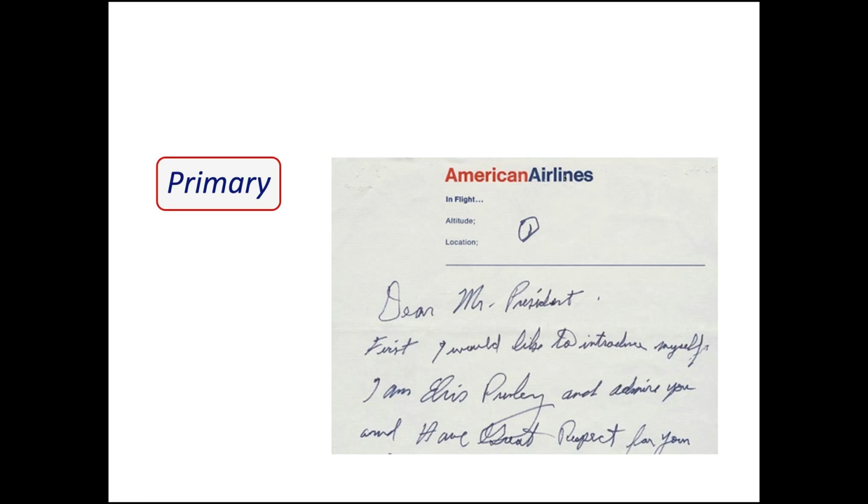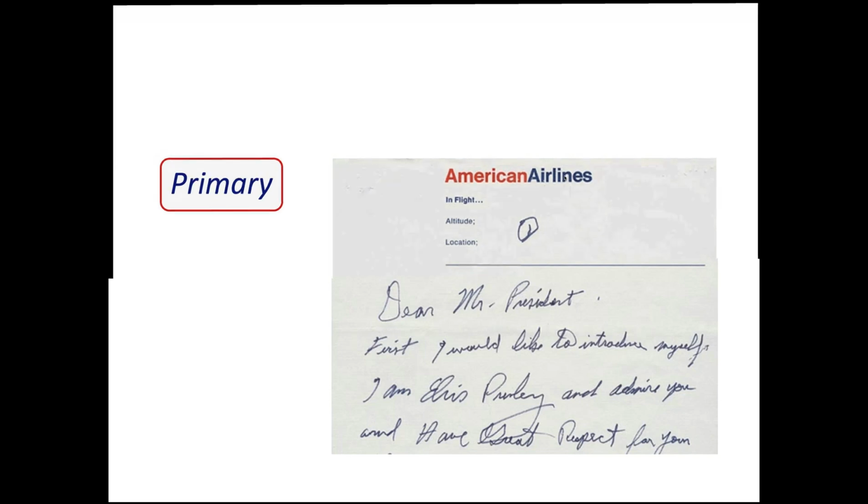Primary is firsthand. You're writing to Elvis Presley: I'm Elvis Presley and admire you and have whatever respect for you, and he's writing it himself. It is his own handwriting. That's why it's primary. But if he had said this, and an air hostess or somebody else had written his message, it would become secondary.